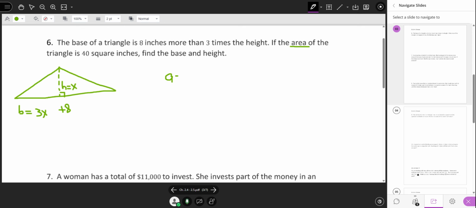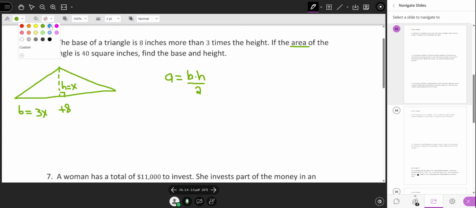Now, the formula for area, because this says area. Area is base times height divided by 2. That's my favorite way to write my formula. I know it's 1/2 base height, but I've had so many people do the formula wrong that I rewrote the formula.